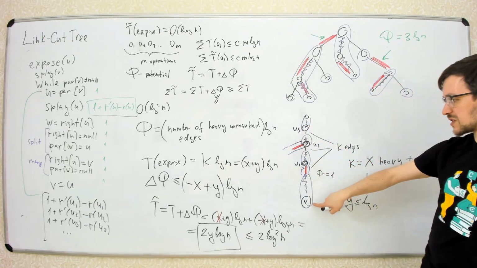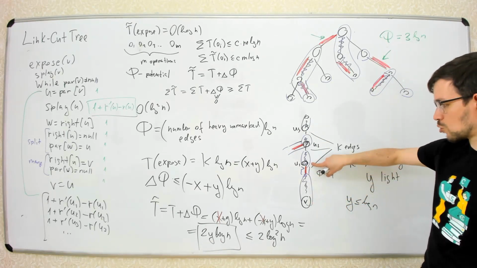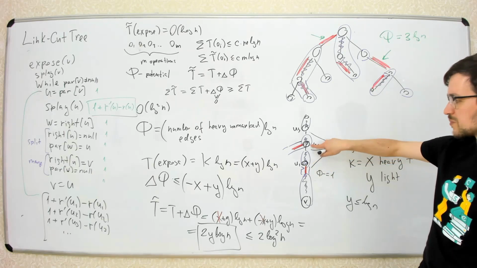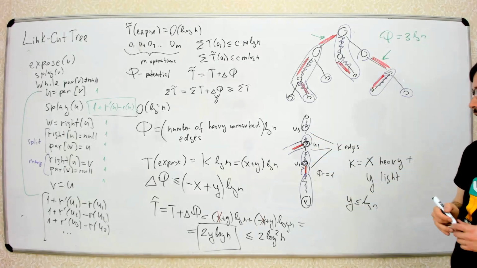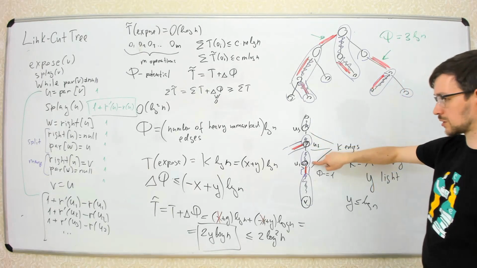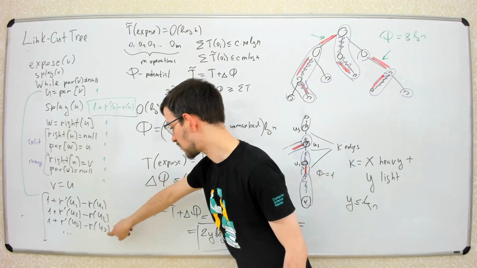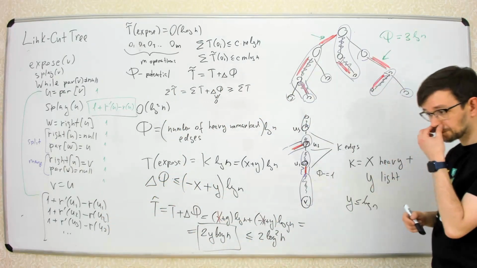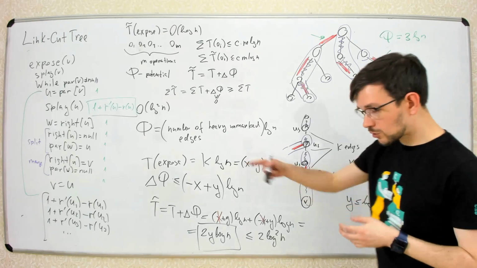When we call expose, we first go to U1, Splay this node, then go here, Splay this node, then go here, Splay this node, and so on. Let's calculate the total time complexity of all these Splay operations: the time complexity of the first Splay operation, the second, the third, and so on. Now let's calculate this sum.